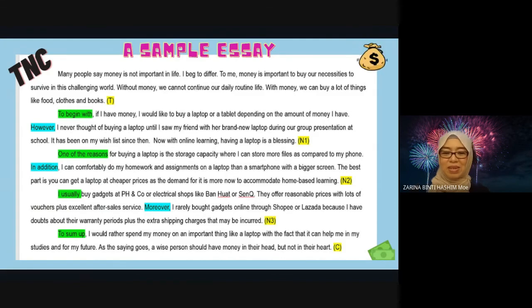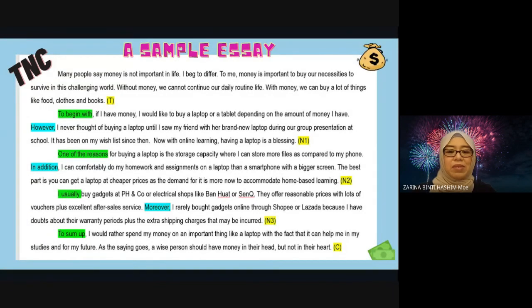Tapi part tu kena bagi elaborate panjang sikit. Itu beza dia. However ni cikgu warna biru sebab dia cohesive device. I never thought of buying a laptop until I saw my friend with her brand new laptop during our group presentation at school. It has been on my wish list since then.